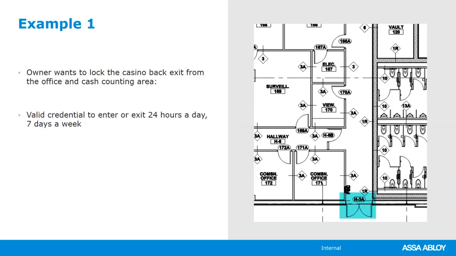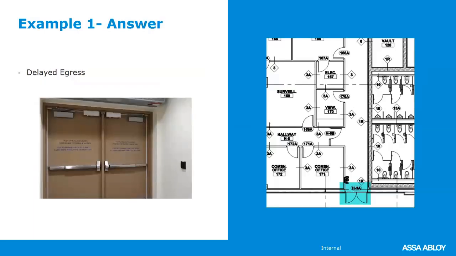The owner, because it's close proximity to the cash counting room, wants a valid credential to enter or exit this door. They don't want somebody taking the cash from the cash counting room and bolting out this door. The only real solution that is code compliant is delayed egress. By putting delayed egress on this pair of doors, I can use a card reader for valid people.